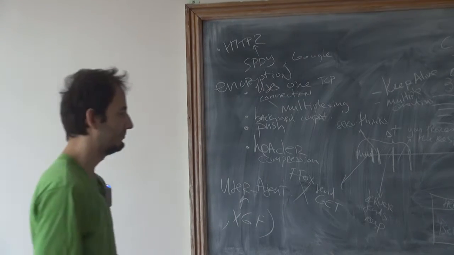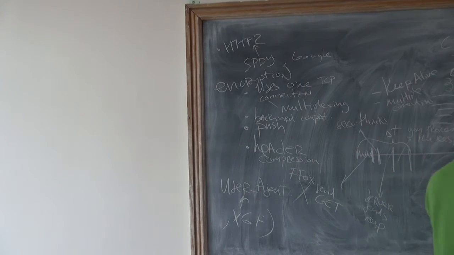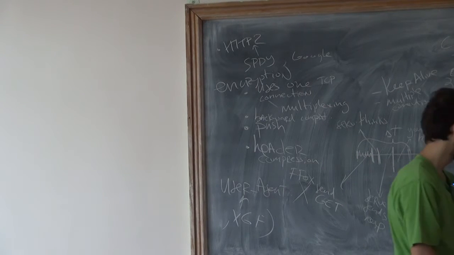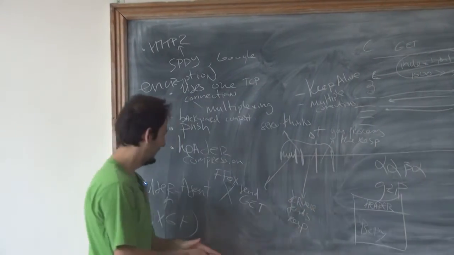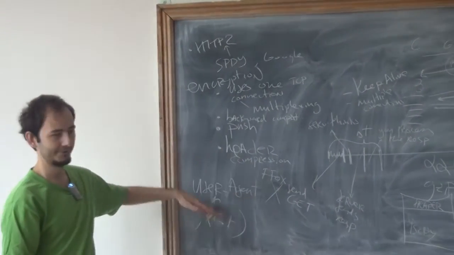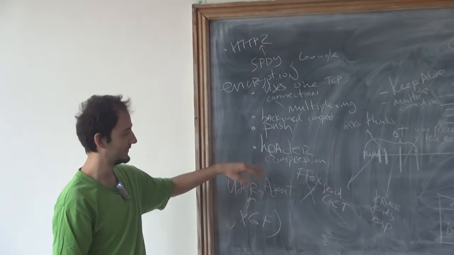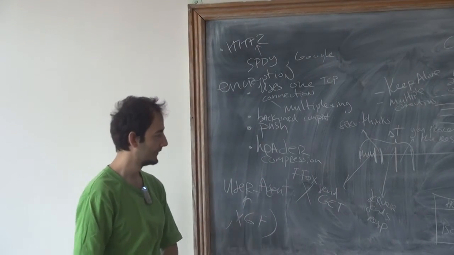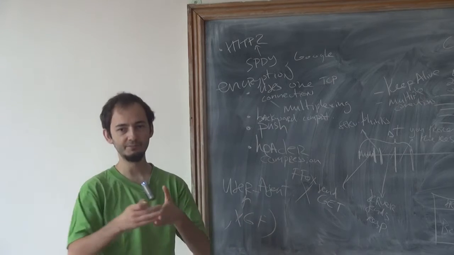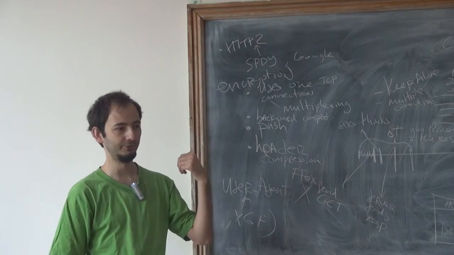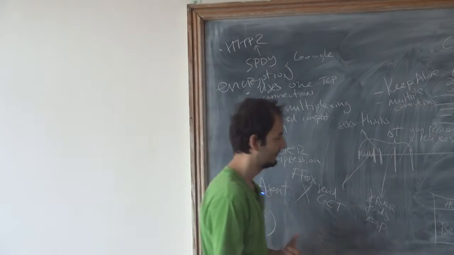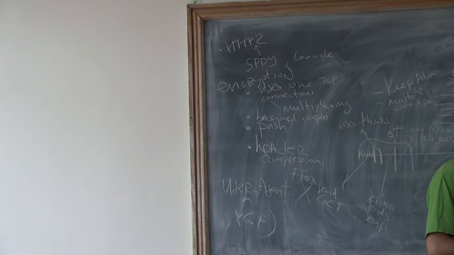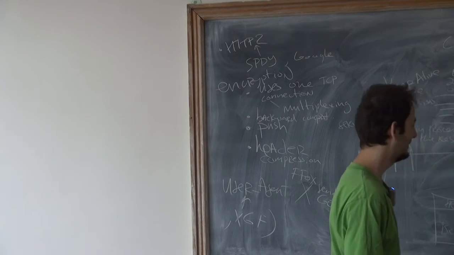Once you have established this long-lasting TCP connection that uses multiple channels, and with all these bells and whistles, like server push and header compression, when you do decompress it, it looks like plain old HTTP 1.2. Or 1.1, whatever the current version used to be.